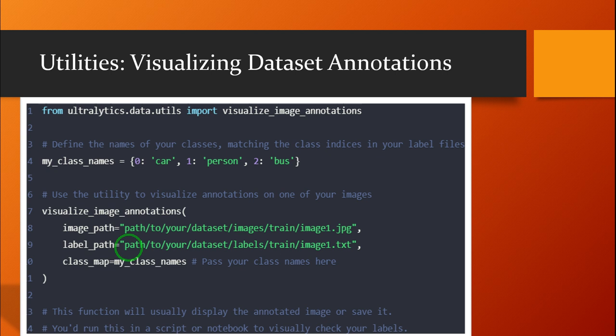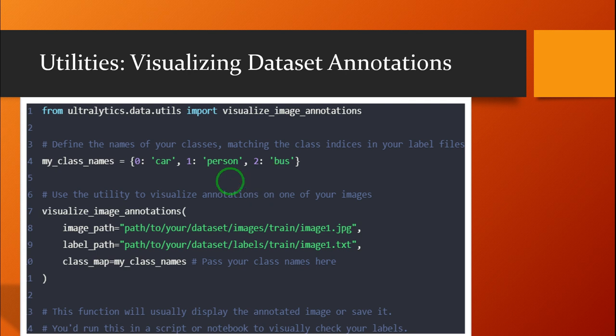You give it an image path and the path to its corresponding label file, like a .txt file. We provide both the image path as well as the label path, as well as the class names. It is a dictionary: 0 is car, 1 is person, 2 is bus. Here are the keys and values.